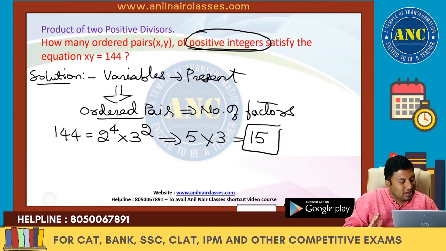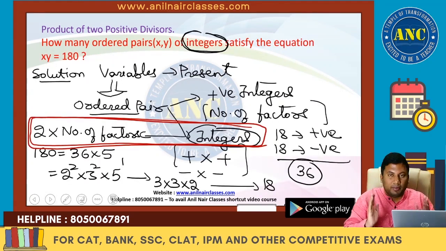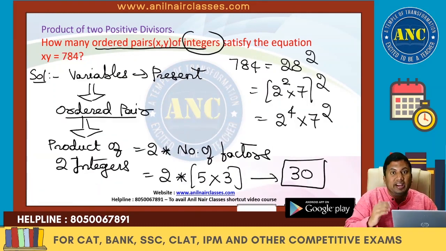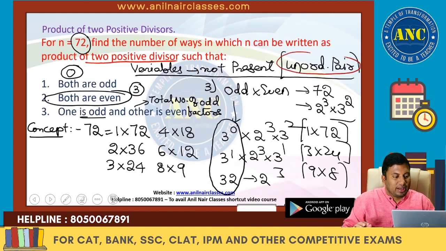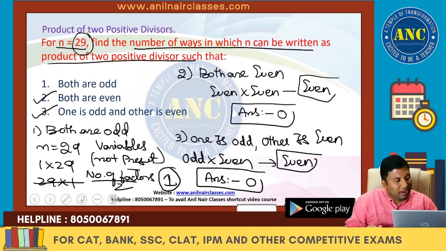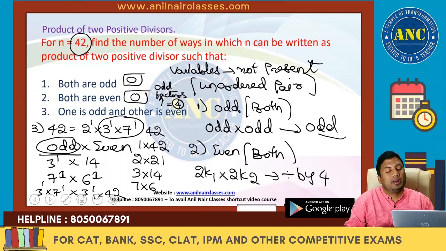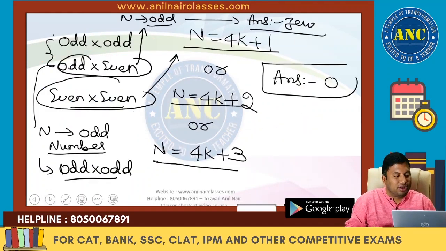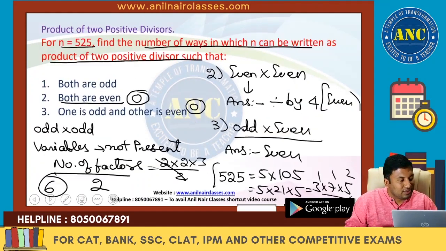If variables are present and it is an integer, positive into positive, and negative into negative also gives positive, so 2 times. Both odd, both even, one odd and one even: 4 cases I discussed. Number divisible by 4, number when divided by 4 gives remainder 1, remainder 2, remainder 3. All the cases which we discussed.